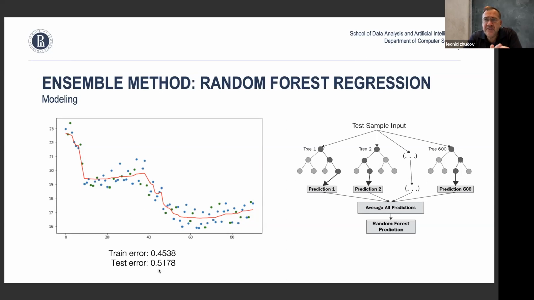Now, I'm not touching here on deep learning. If you have a lot of data, that might actually beat the random forest and gradient boosting, but typically it's a no-brainer to try one of those on your data and expect good results.